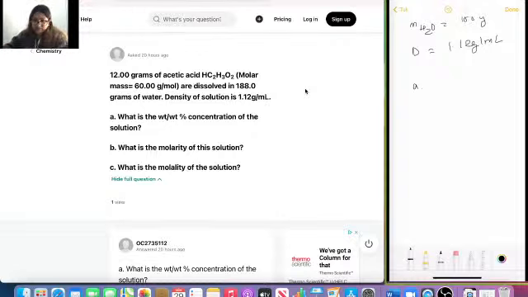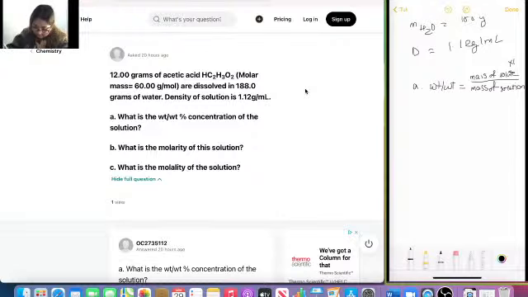The formula used to determine the weight to weight percentage is basically your mass of solute over the mass of solution, and you multiply this by 100.